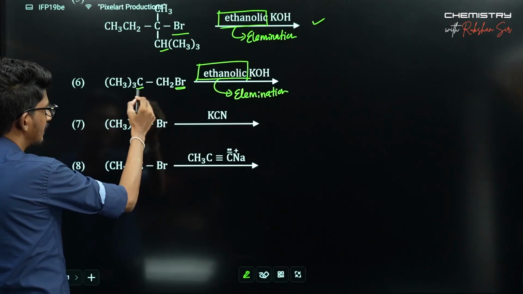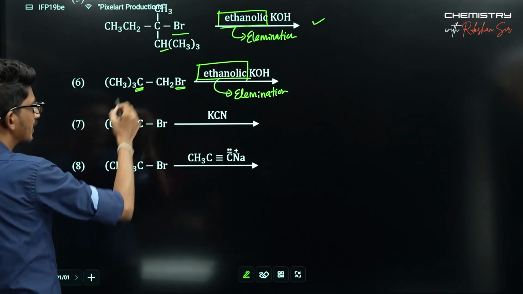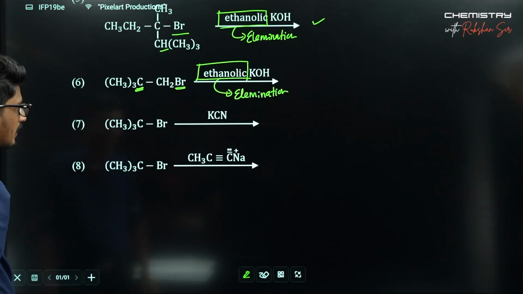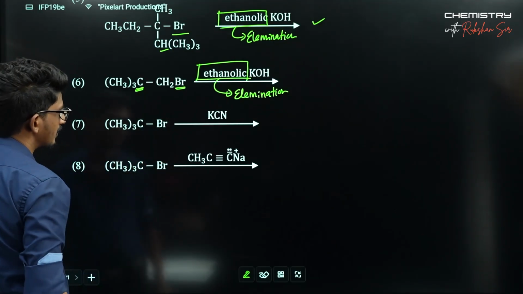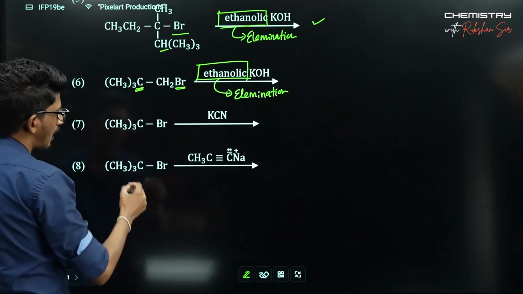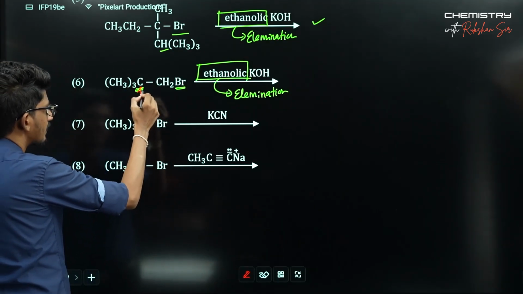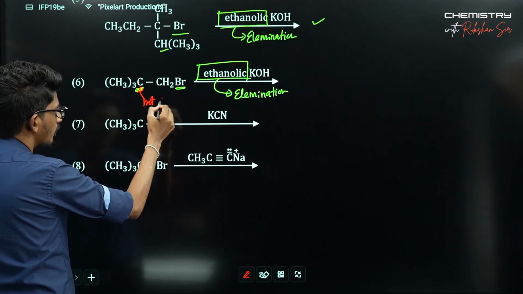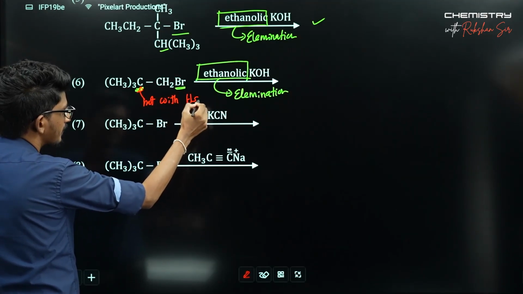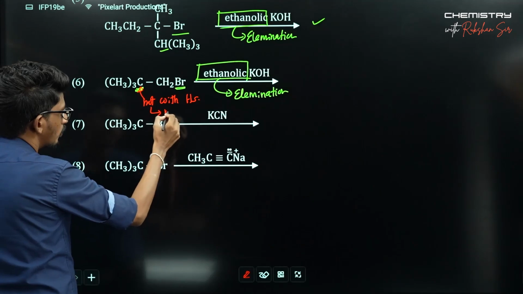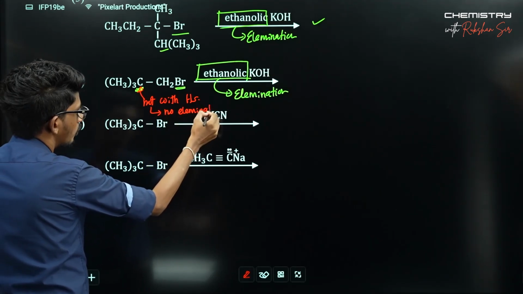But the adjacent carbon does not have any hydrogens, so you can't think of elimination there. No elimination possible.